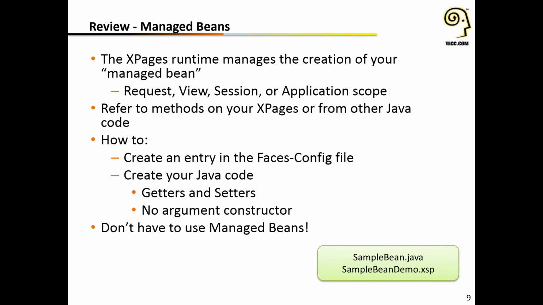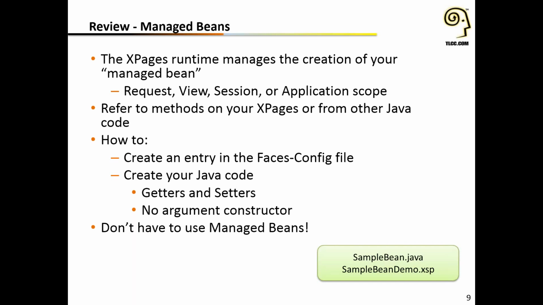And what we're going to do is use the faces config file to tie what Java class we're using to a name that will be in the faces config file, and then we will also assign it a scope. So you're familiar with the request scope, view scope, session scope, or application scope.